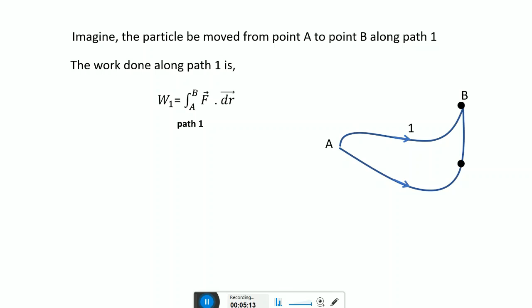Similarly, the particle will also move along path 2.